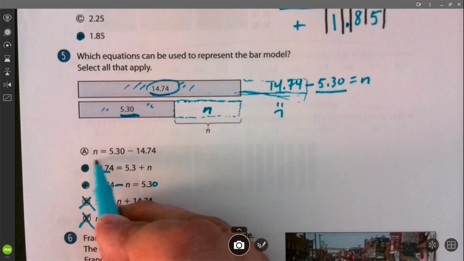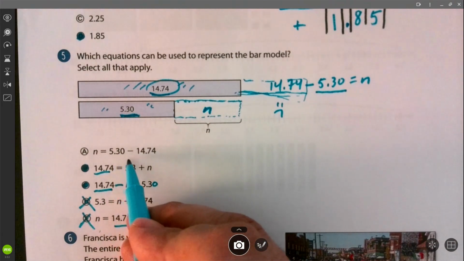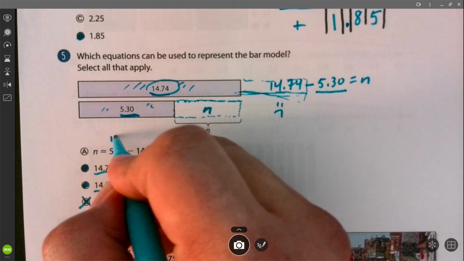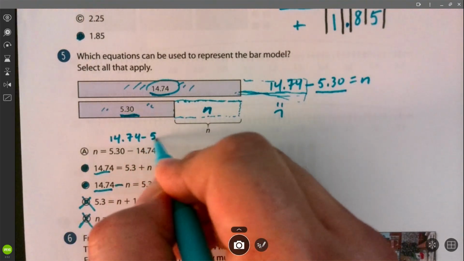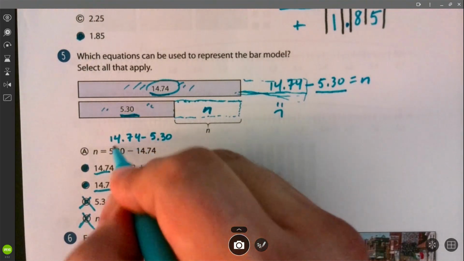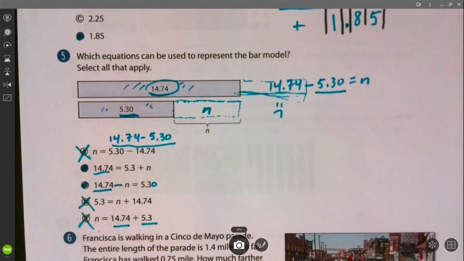And then this one here, n is equal to whatever. Oh, well, hold on. If they had it written like this, that would be correct. But subtraction is not commutative. You cannot flip the order of them around, and we know that. So hopefully that helps you guys out.